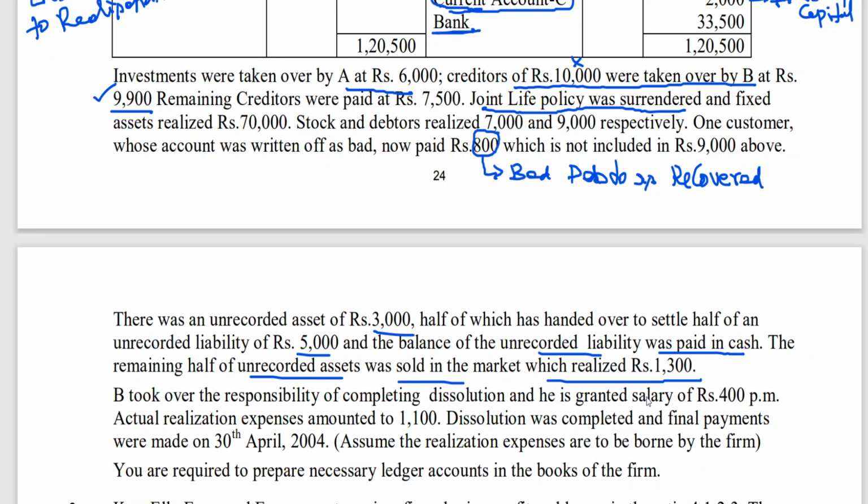There was an unrecorded asset of 3,000 rupees, half of which was handed over to settle half of an unrecorded liability of 5,000.